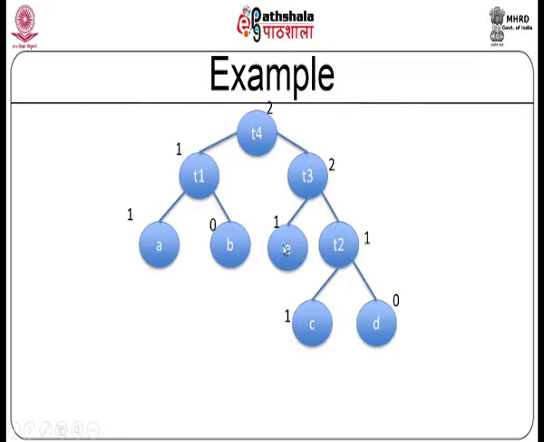E happens to be a left child of T3, so it is assigned a value of 1, and T3 will now be computed from L1 and L2, which match. Therefore, it is L1 plus 1. Similarly, 1 comma 2: I have to choose the maximum of the 2 values if they do not match. So, that becomes 2. So, the root can be computed with at most 2 registers, which is the conclusion.